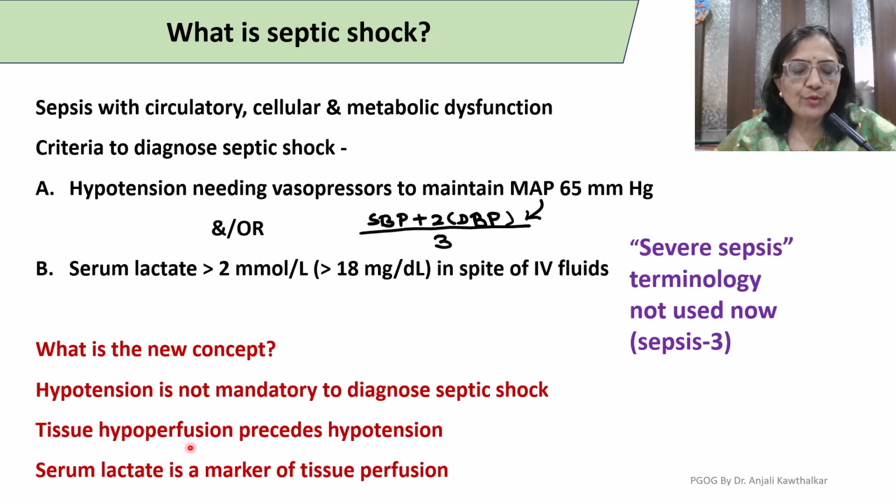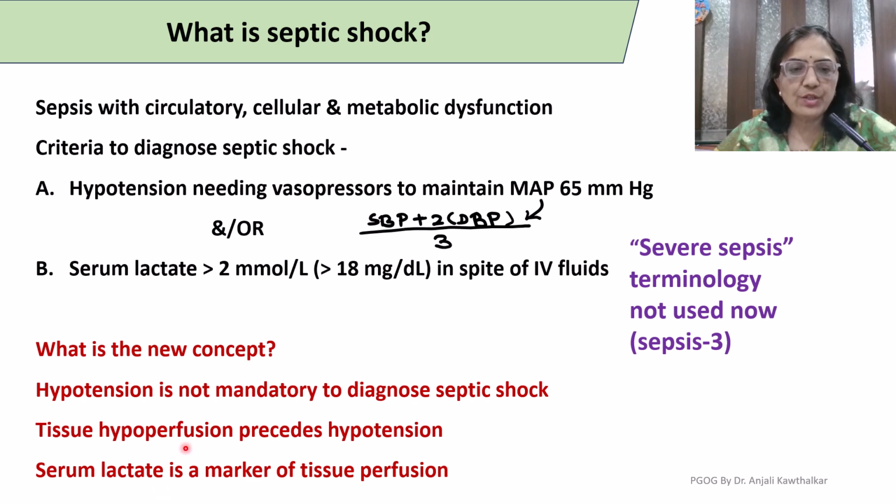Tissue hypoperfusion precedes hypotension. Before there is a fall in blood pressure, all the tissues in the body are getting hypoperfused. That means the blood supply to the tissue is reduced. Serum lactate is a marker of tissue perfusion.